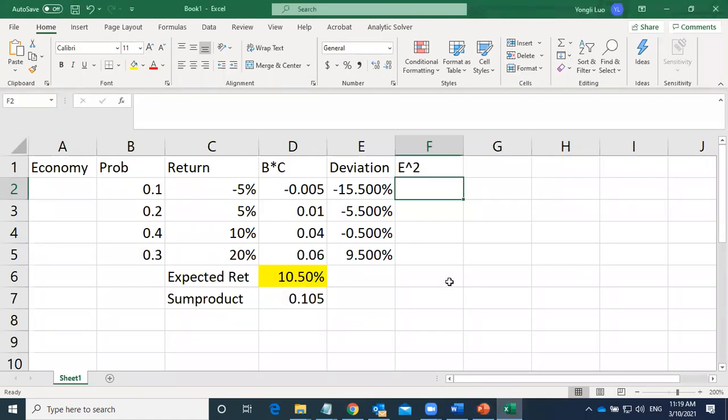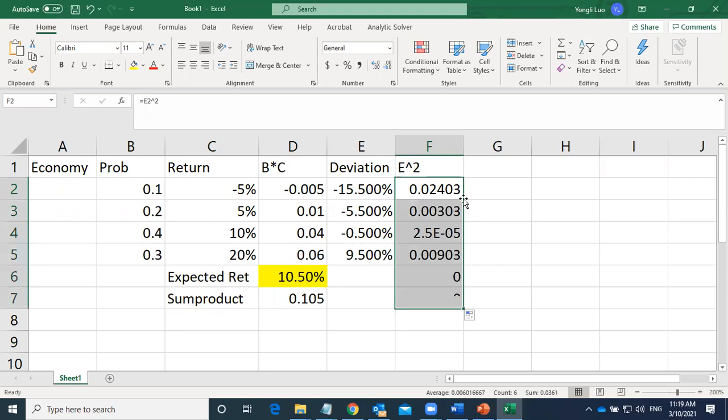The value minus the mean we call the deviation, and the square of that deviation is this number. So we have the squared deviation.